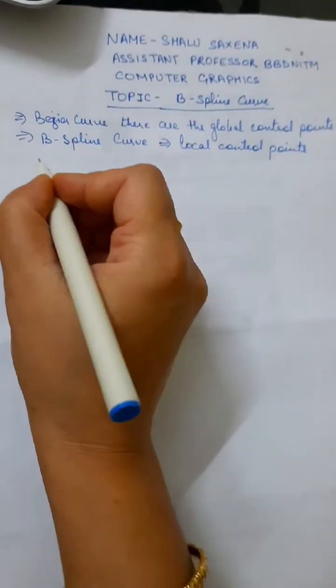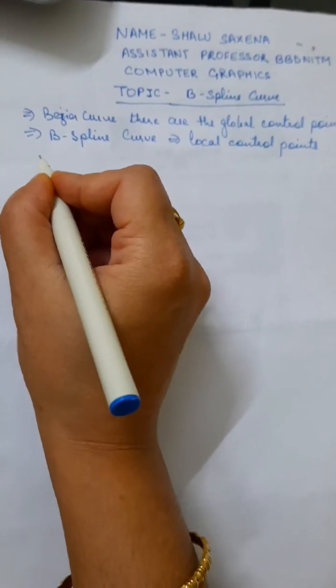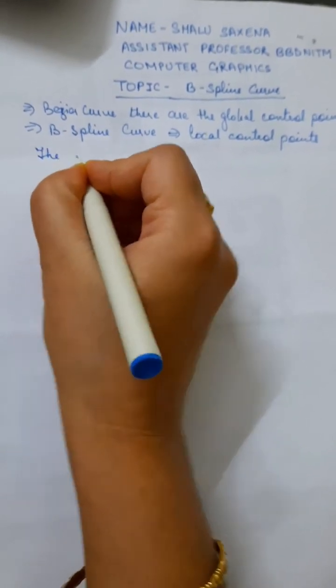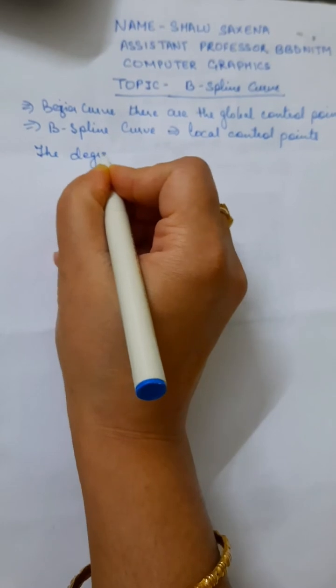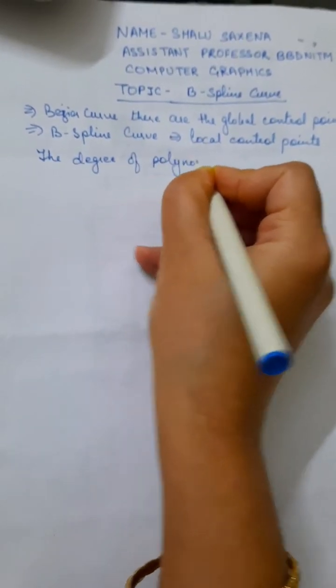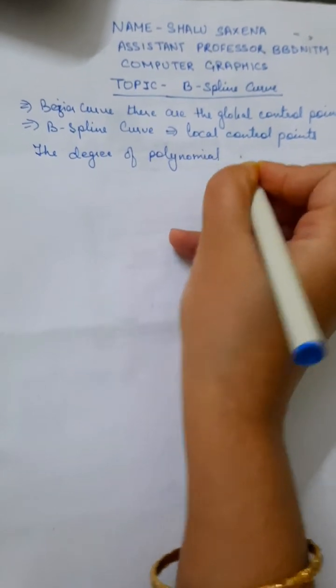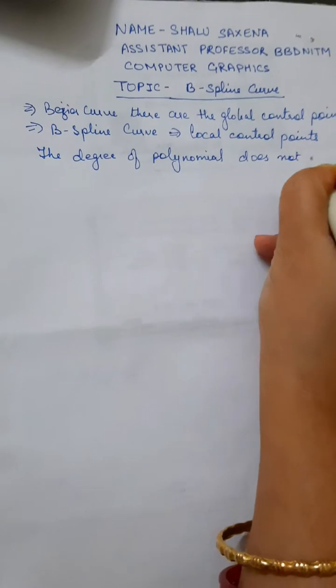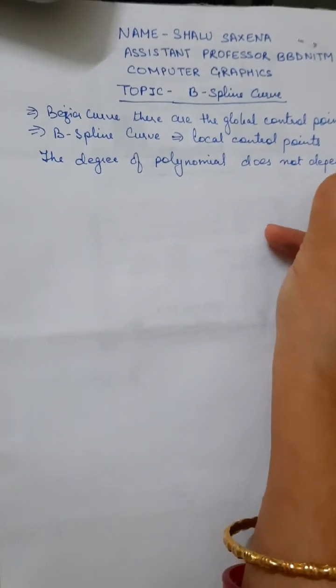So in B-spline curve, the degree of polynomial does not depend on the control points. Does not depend on the control points.